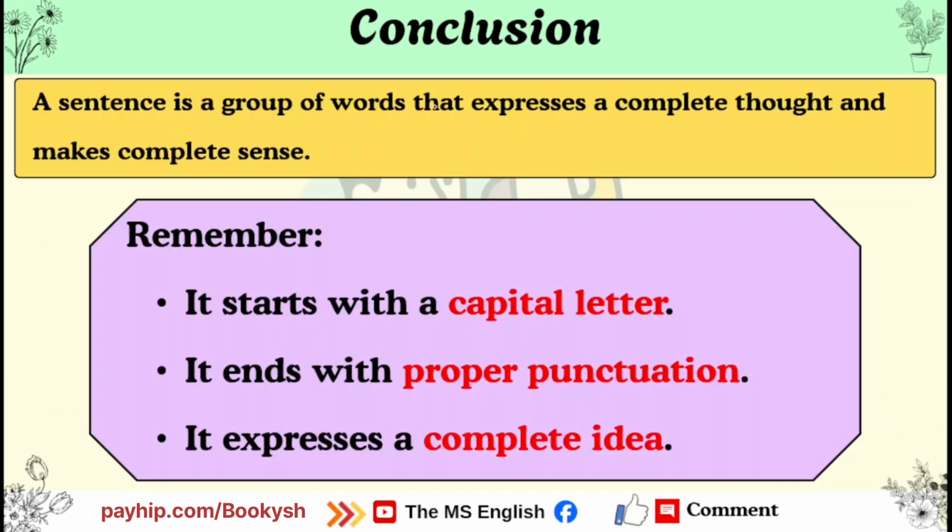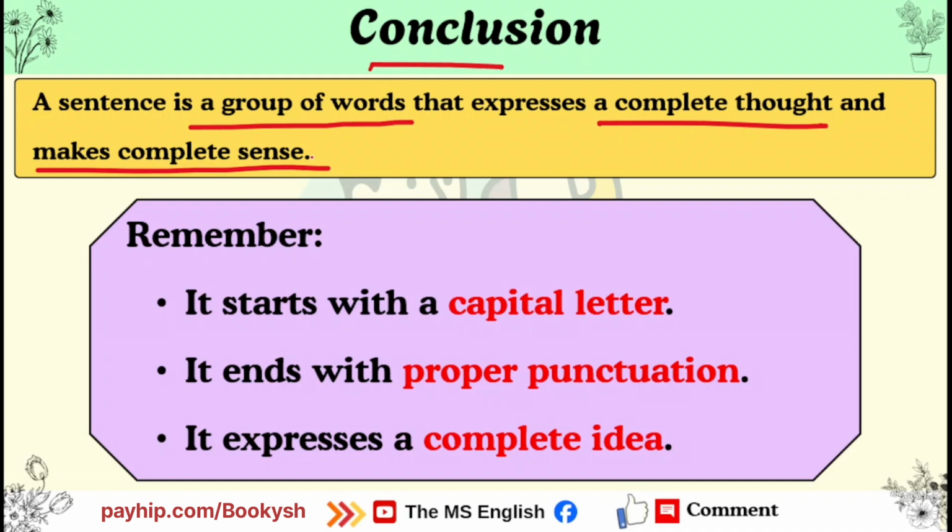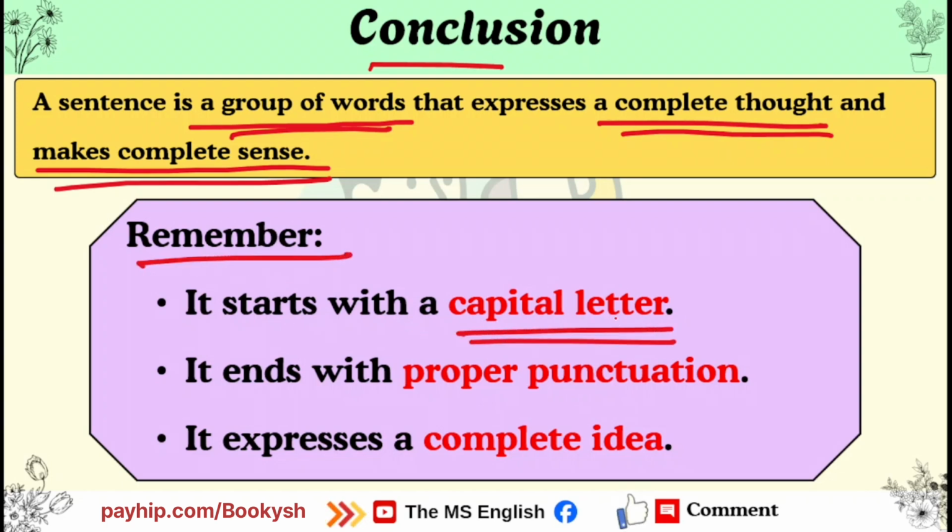So let's conclude. A sentence is a group of words that expresses a complete thought and makes complete sense. So we are discussing again what is a sentence. A sentence is a group of words that expresses a complete thought and makes complete sense. So remember, a sentence starts with a capital letter.